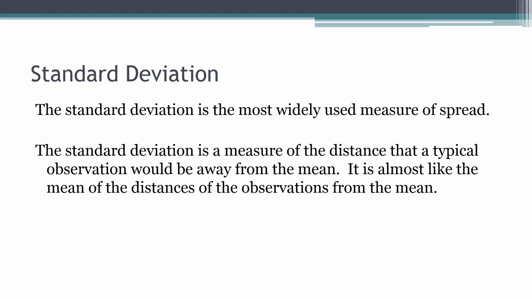If you're thinking about it like it's the mean of the distances of the observations from the mean, that's pretty close. It's not exactly that, but if you think about it as how far away a typical observation is from the middle, that's a good interpretation.